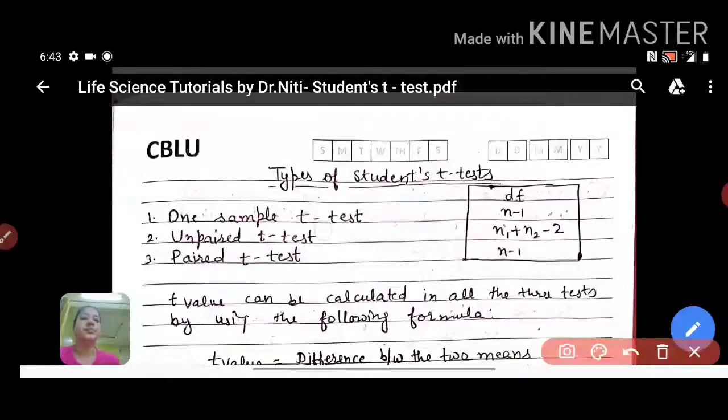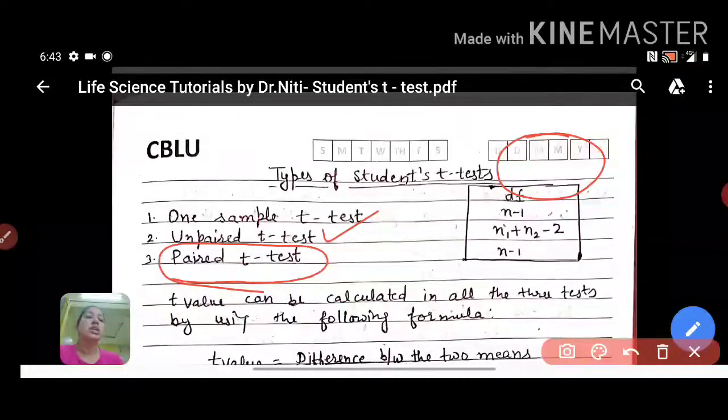Okay, now what is paired t-test? Paired t-test means there is a single sample. Suppose there is a group of 10 people, and you have noted down their blood pressure. Thereafter you have administered a drug to all these 10 patients, and you have noted down the blood pressure again.